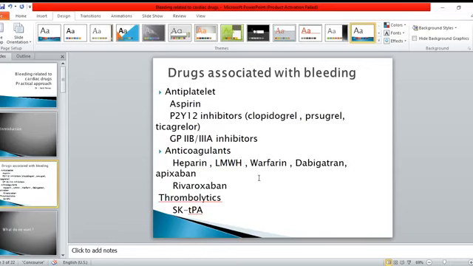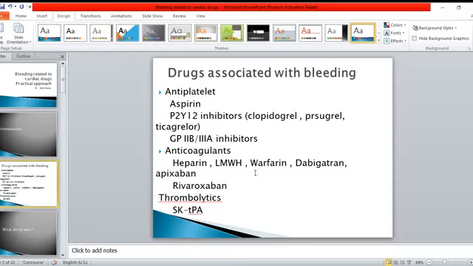All of these medications can cause significant bleeding, and as you know, bleeding may be associated with significant mortality and major cardiovascular events, including strokes, myocardial infarctions, heart failure, and non-fatal cardiac arrests.